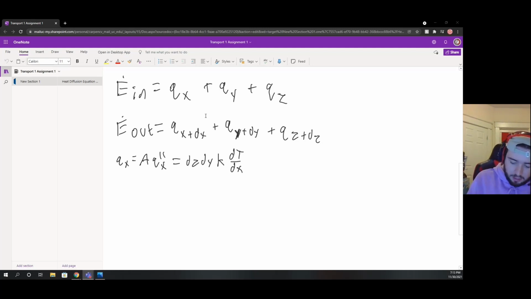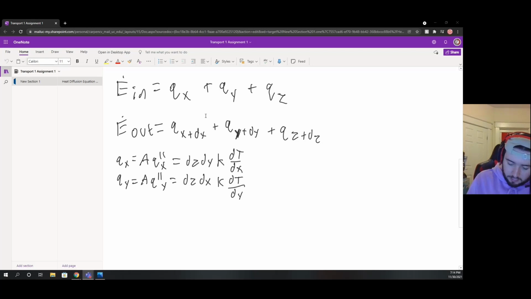The same applies for our heat flow in the y direction. It's going to be the area times the heat flux in the y direction, and the area in which the heat flows in the y direction is dz dx, times the thermal conductivity times the change in temperature over the change in distance.